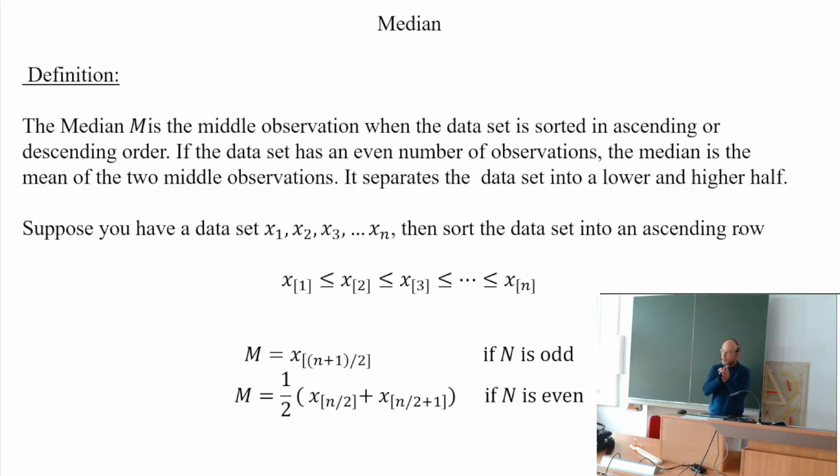The median splits our distribution into two halves, with 50% of the data on both sides. If you have an even number of data points, there is no data point in between, so we define it as the arithmetic mean of the two data points in the middle.